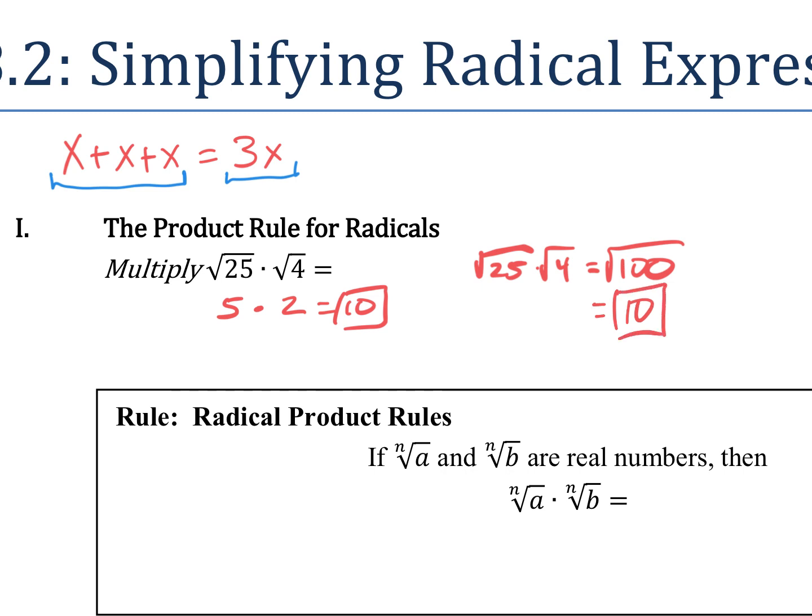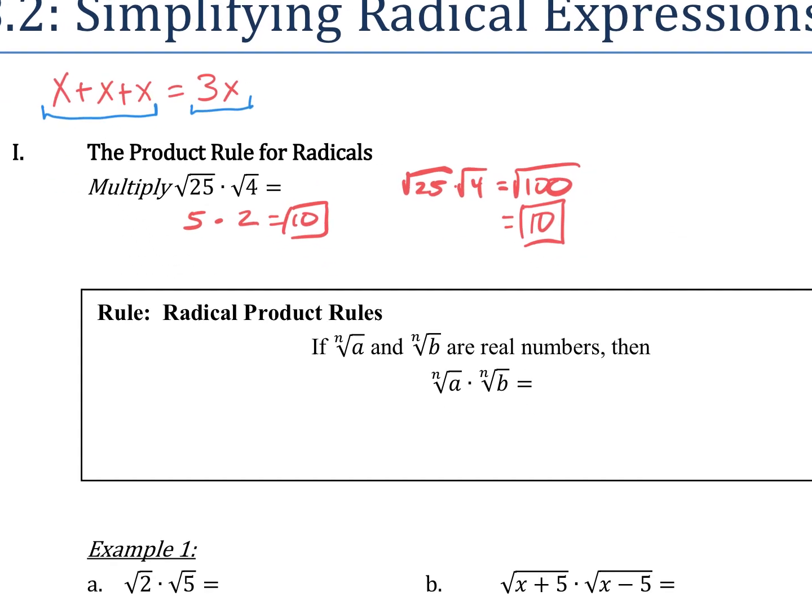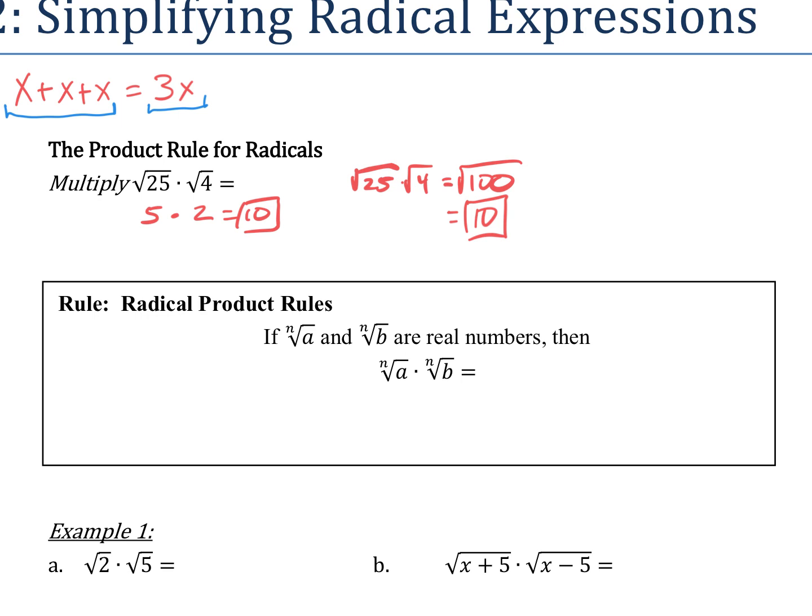So the moral of the story is this. If we have two square roots that are being multiplied, we can either square root them first and then multiply, or we could put them together under one square root, meaning just multiply the two numbers, and we get the same answer. And this is always true. This is what we call the radical product rule. And it's not just for square roots. It can actually be for any index.